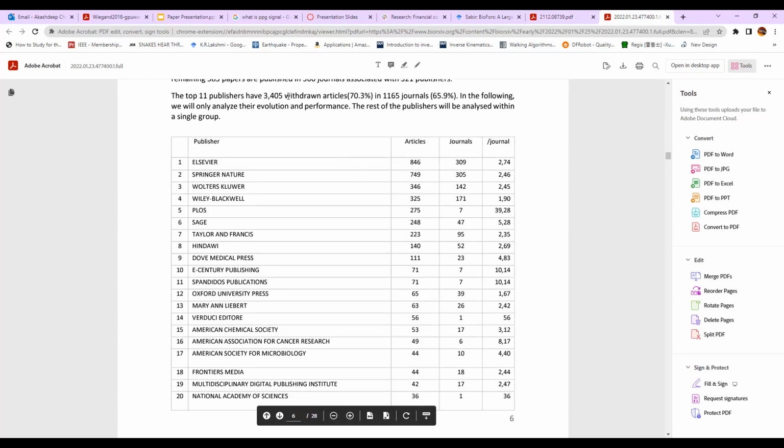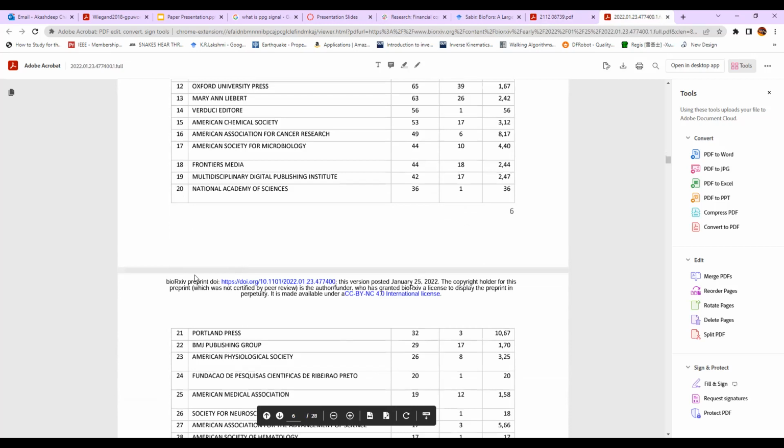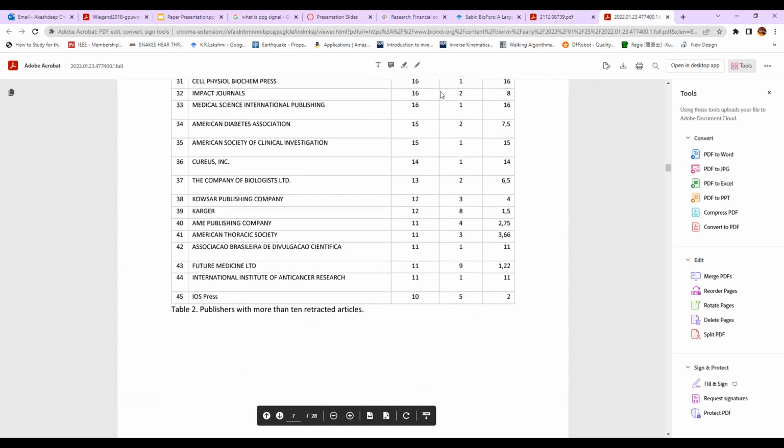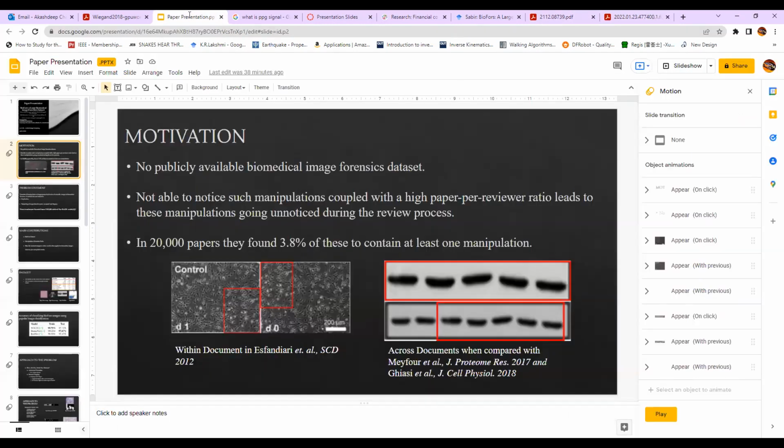The top 11 publishers have 3,405 withdrawn articles, 70.3%. That's a huge number, across 1,165 journals. So these were the things that I was relating to. Yeah, that's it from my side.